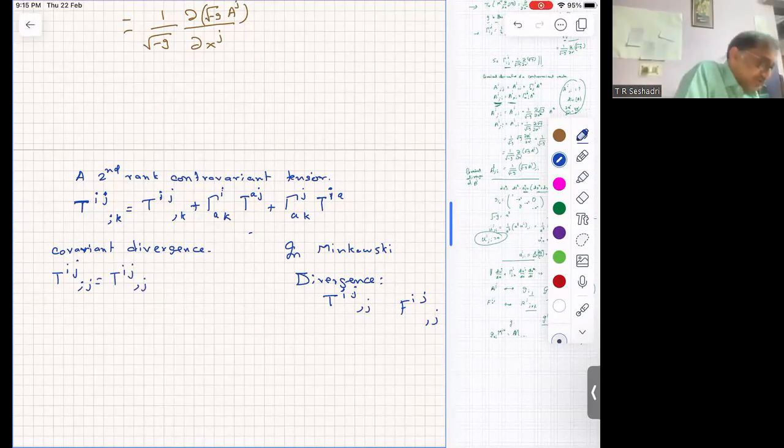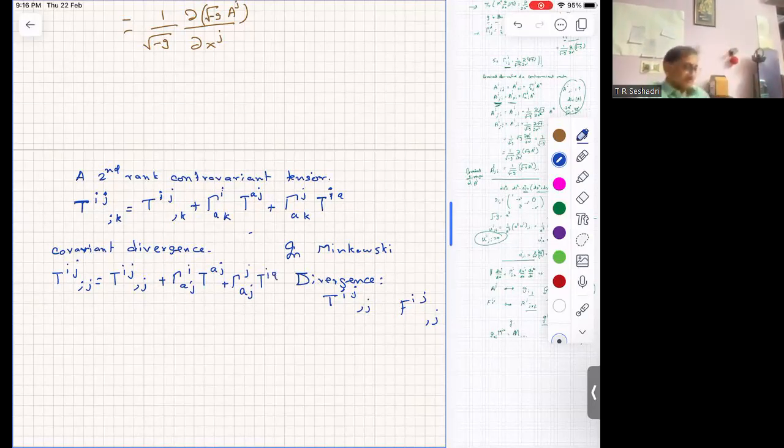So for covariant divergence, I have T^{ij} semicolon j is equal to T^{ij} comma j, and what I will do is I'll put k equal to j, plus gamma^i_{aj} T^{aj} plus gamma^j_{aj}. Now k equal to j, so I'll put j and then T^{ia}. All right. And now you see that this has got that gamma^j_{aj} term.